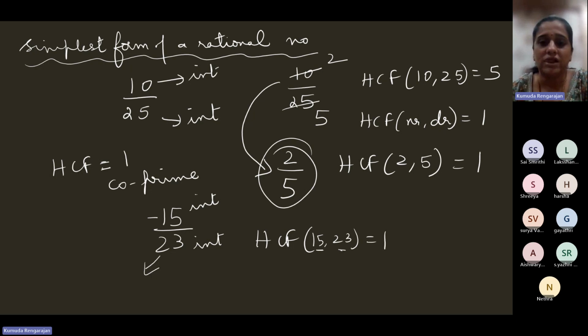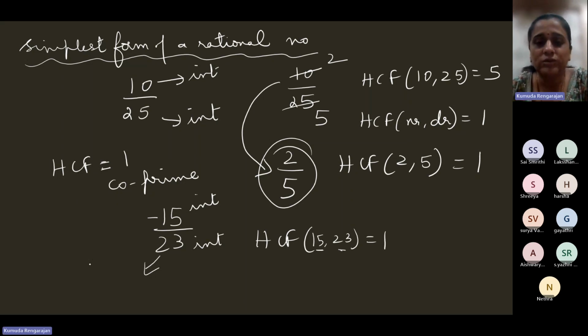Two numbers need not be prime numbers. Two numbers are said to be co-prime if their HCF is 1. Okay, so that's about rational numbers. Integer by integer is a rational number. The denominator integer should not be 0. For the simplest form of a rational number, the HCF of the numerator and the denominator should be 1.